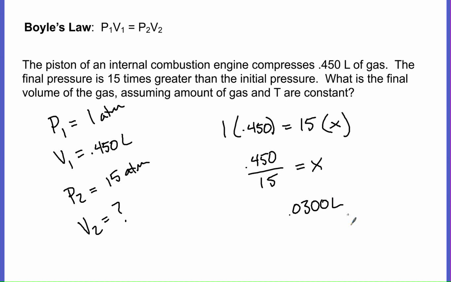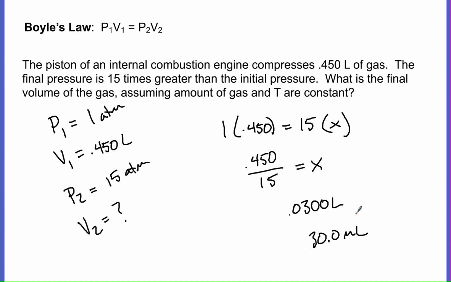This is a liter value. It's kind of an ugly liter value. Usually you would express that as 30 milliliters because those are the same thing, but that's how I solve for the answer here. It should make sense that with a lot bigger pressure, the volume got a lot smaller. It was 450 milliliters, now it's 30 milliliters.